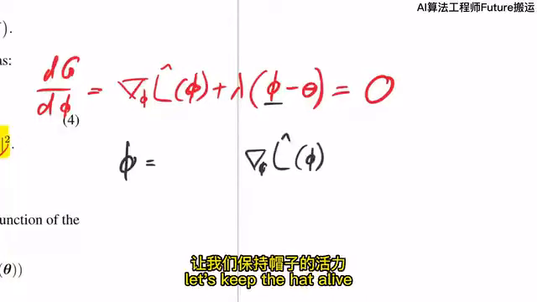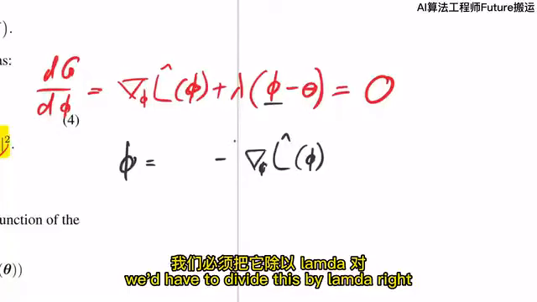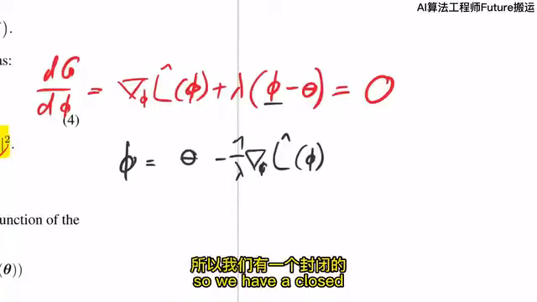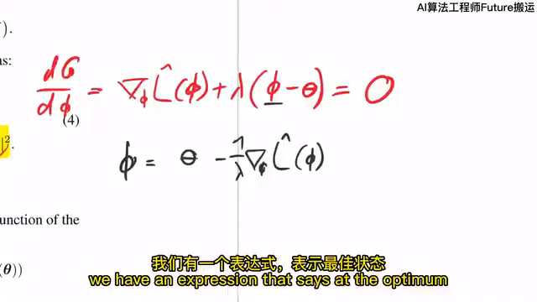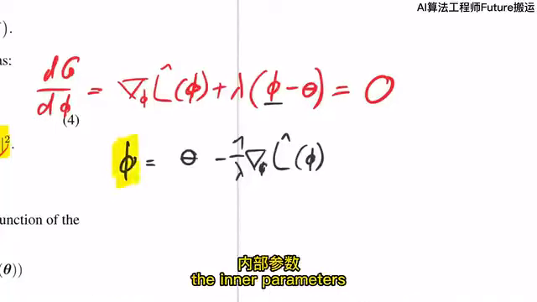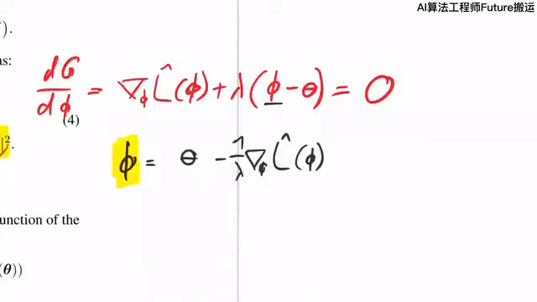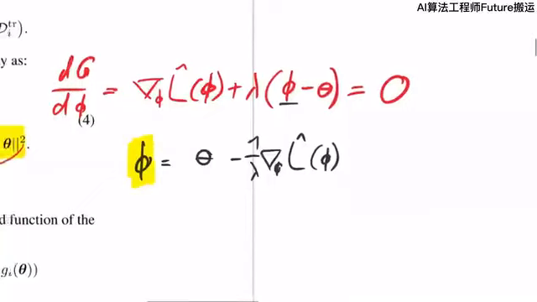Oh, let's keep the hat alive. We'd have to divide this by lambda, right? And then bring over the theta. So we have an expression that says at the optimum, the inner parameters phi are given by this expression. Now that's pretty cool.